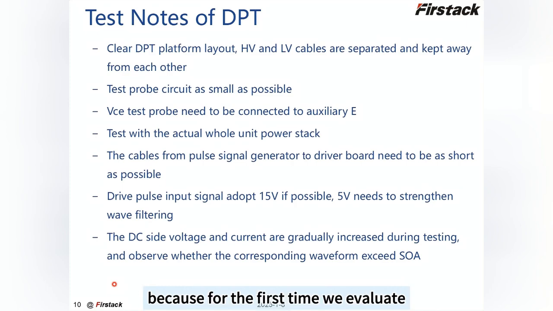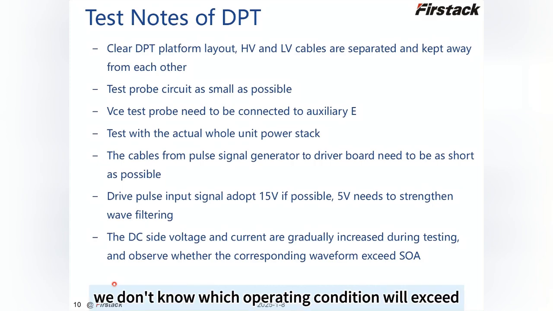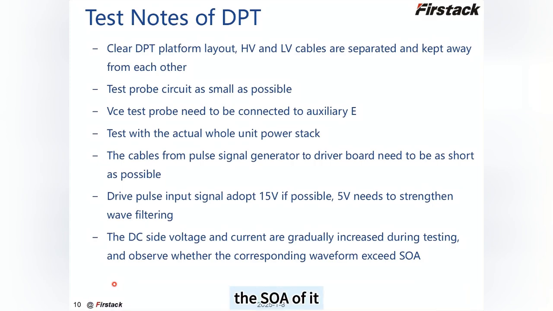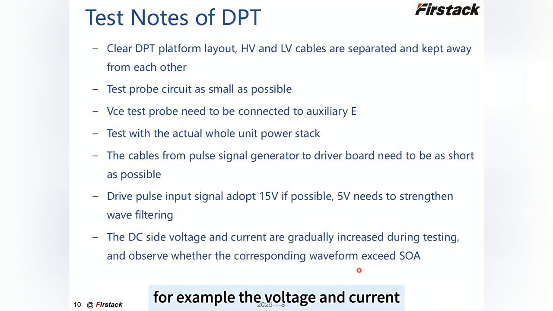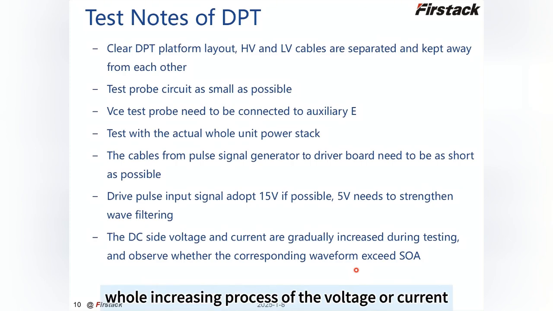Because the first time we evaluate a power stack, we don't know which operating condition will exceed its SOA. So to keep safe, we should observe the corresponding parameters, for example the voltage and the current, continuously during the whole increasing process.